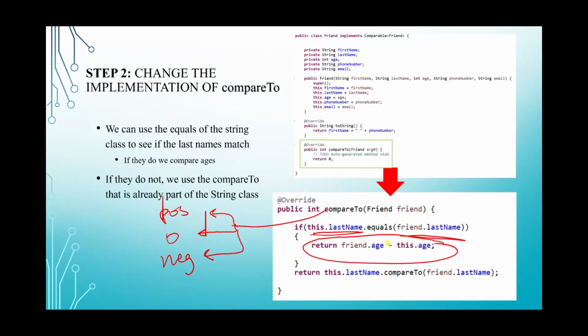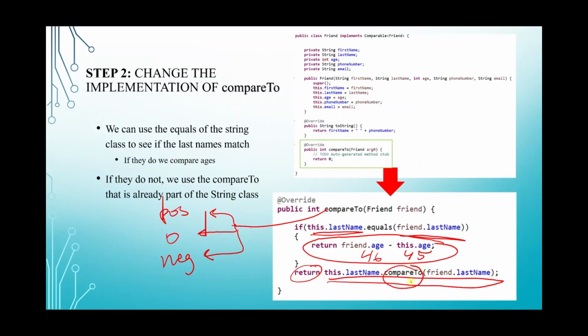The age difference is going to be either positive or negative, because if we have 46 minus 70, this is going to return negative. If we have 46 with 45, this is going to be positive, right? And if we have different last names, we would return the difference in last name.